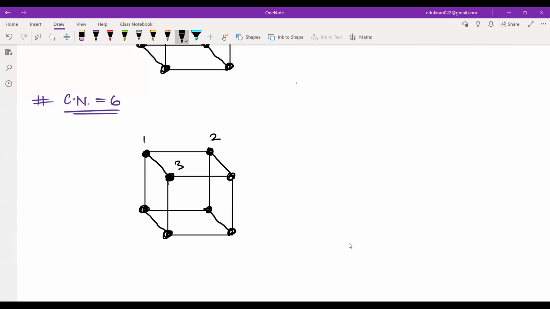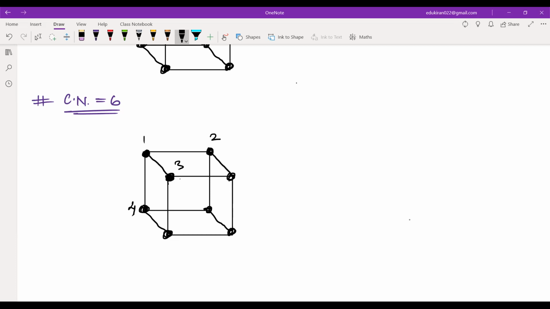All of you agree? Huzaifa, 1 and 2 are touching each other, yes or no? Okay. 1 and 3 are also touching each other. 1 and 4 are also touching each other.